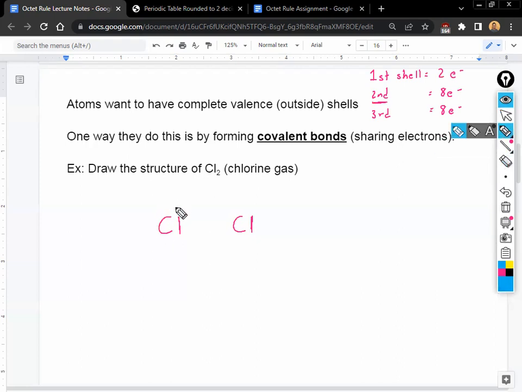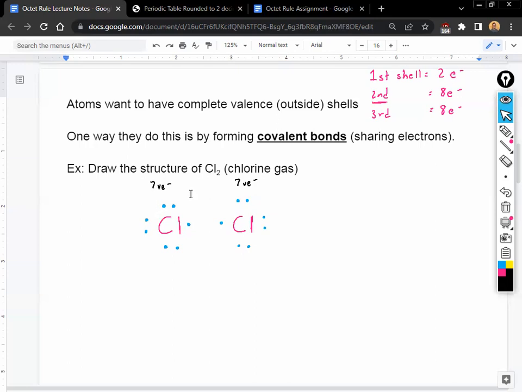If we wanted to draw the Lewis structure of chlorine, we're just going to draw 7 electrons around it: 1, 2, 3, 4, 5, 6, 7. And then we're going to do the same thing with this one: 1, 2, 3, 4, 5, 6, 7. Both of these have 7 valence electrons. So far, so good, guys? Haven't lost you yet?